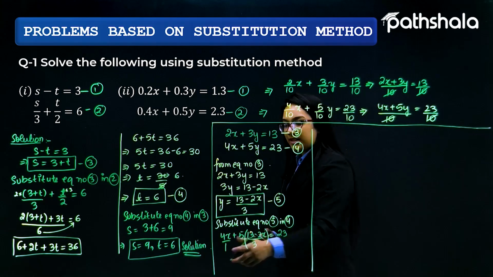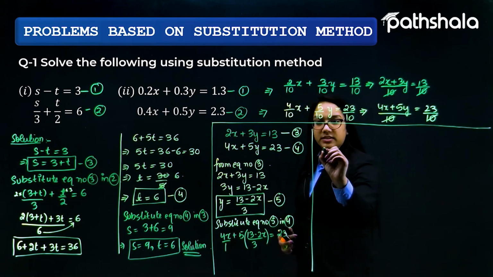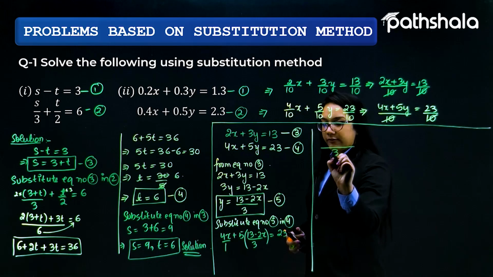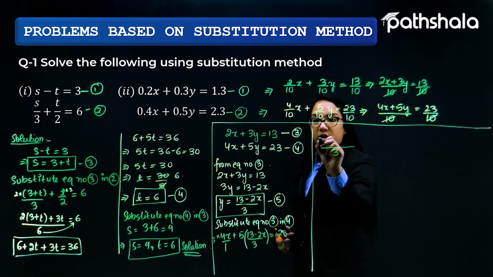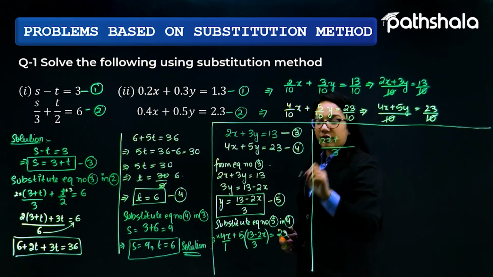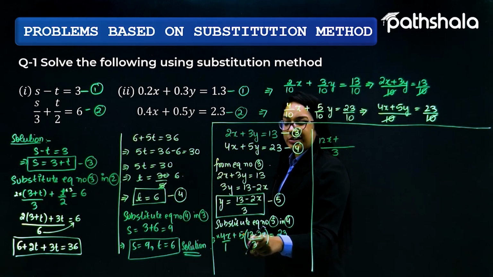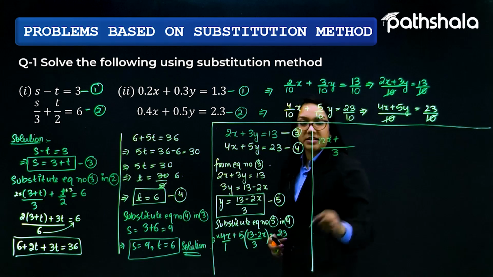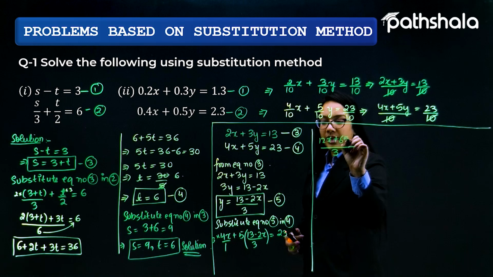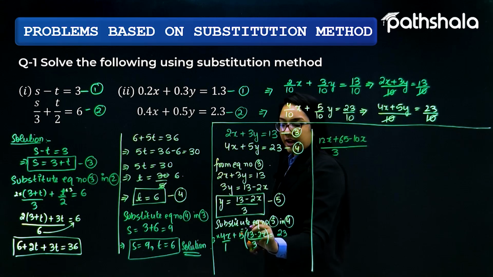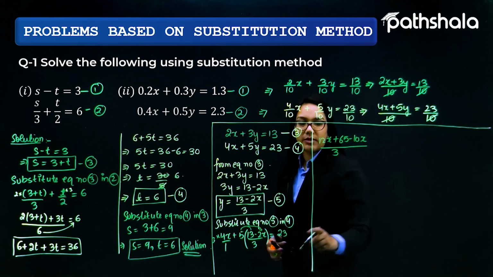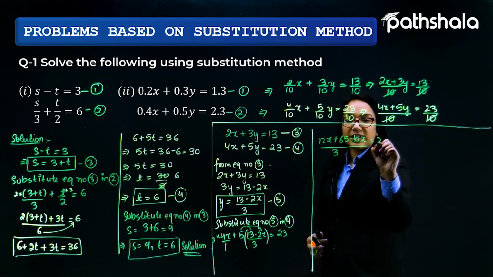If we take the LCM over here, the LCM of 3 and 1 is 3, and further 3 gets multiplied with 4x, so it would be 12x plus, multiplying all these terms, 5 times 13 is 65, minus 10x, because 5 gets multiplied with 2x, which is equal to 23.